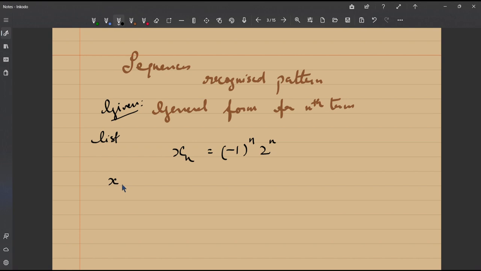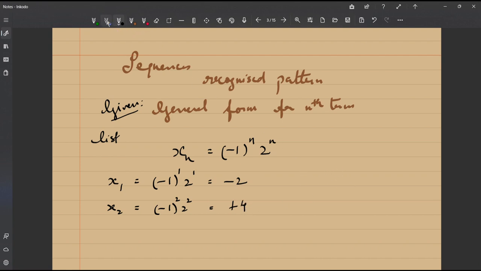What would be x1? x1 would be minus 1 raised to the power 1, 2 raised to the power 1, which would be minus 2, because this minus 1 is raised to an odd power, it's a negative 2. What about x2? It's going to be minus 1 squared, which is 1, times 2 squared. So our second term in the sequence is going to be plus 4.